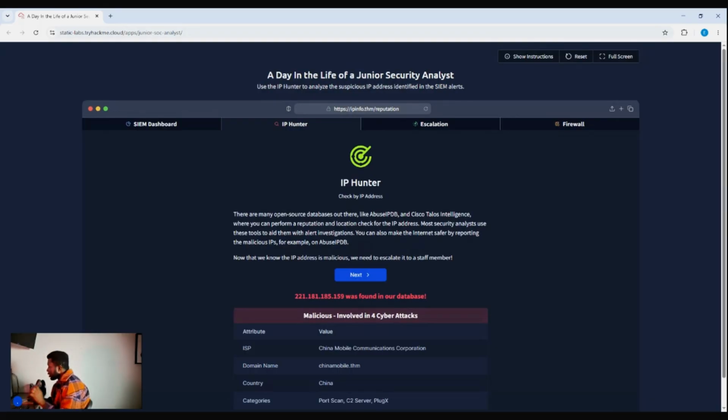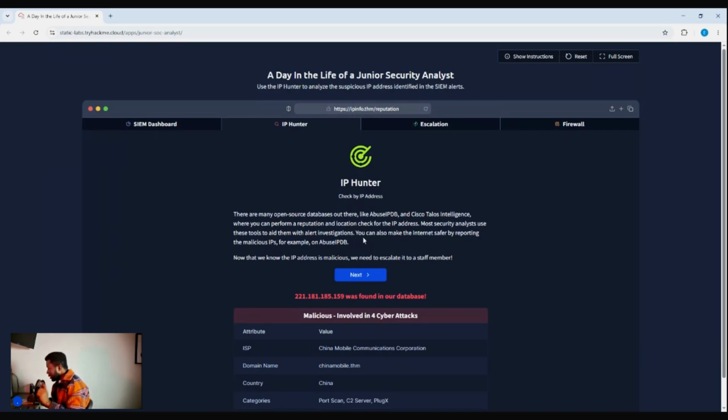This threat intelligence tool will help search all the databases of popular threat intelligence tools and find out if this particular IP address has been indicated or flagged as malicious.